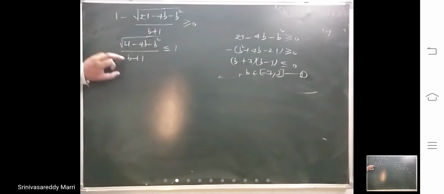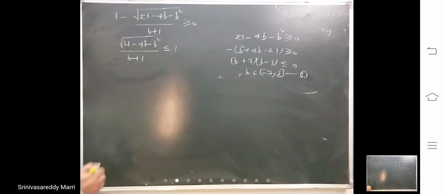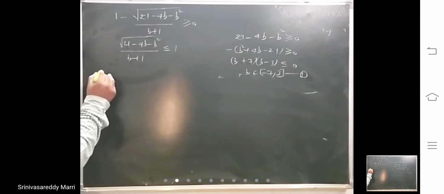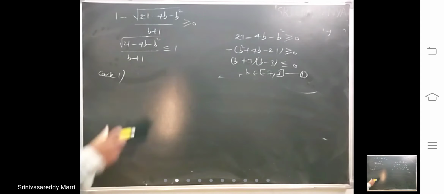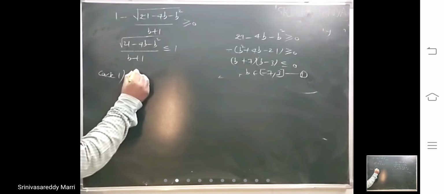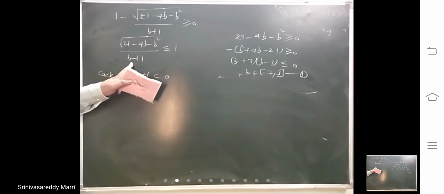Now look at here. In this, denominator is there. Let us say you have to take two cases. Case 1. Let this be negative. b plus 1 is negative, let this be negative denominator.